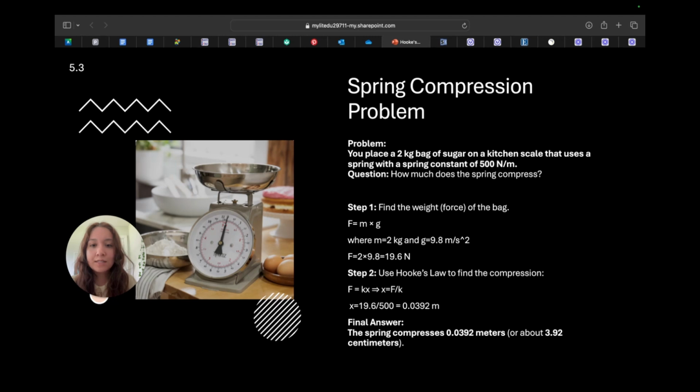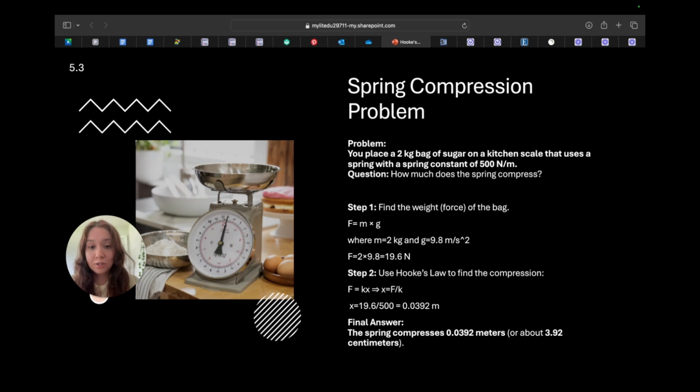The question is, how much will the spring compress? So first we use the formula for weight, which is F equals m times g, which would be 2 times 9.8, which equals 19.6 newtons. That means the spring feels 19.6 newtons of force from the weight of the bag. And by the way, a newton is just a unit we use to measure force.